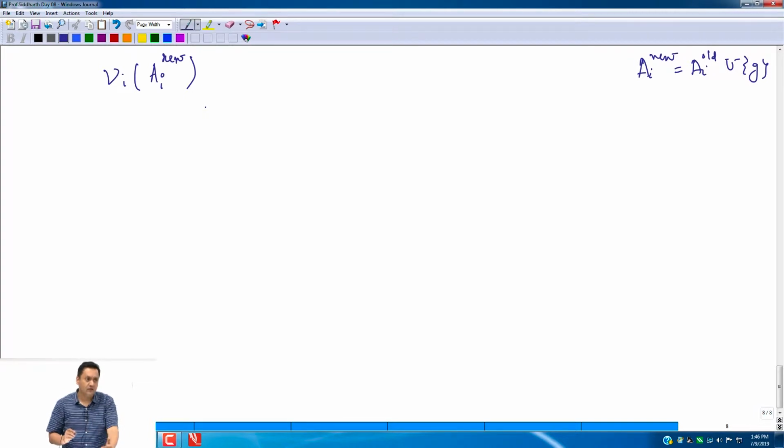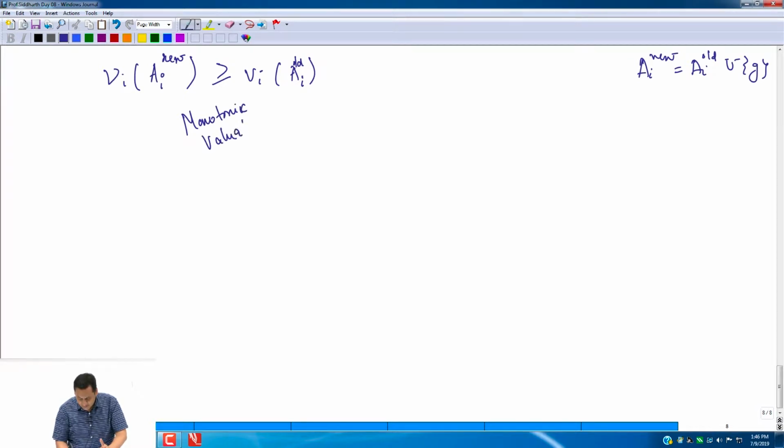So if it held for the previous partial allocation, it's true. But that's sort of direct, because if you look at the new A_I, you have one more good, right? So the only property I'm assuming here is that the valuations are monotonic, right?